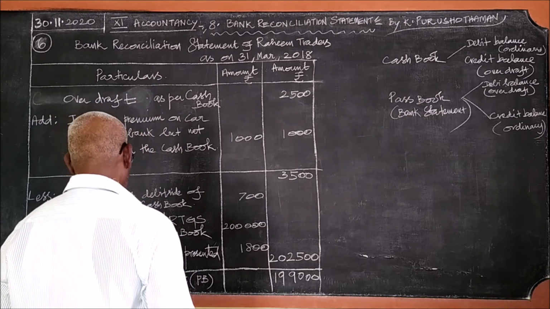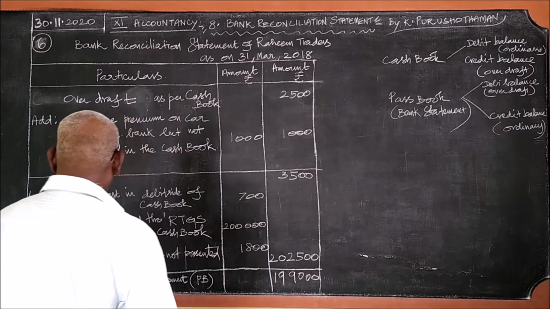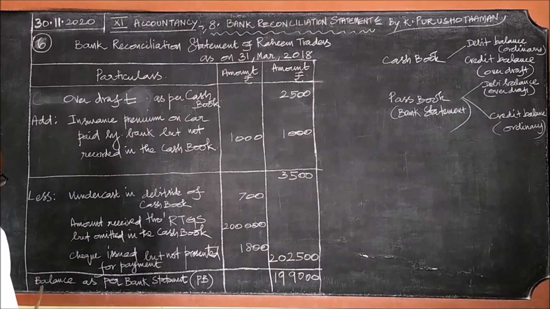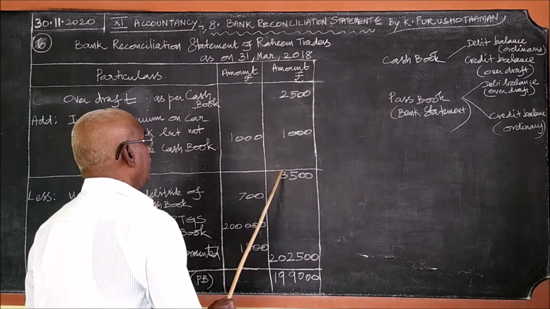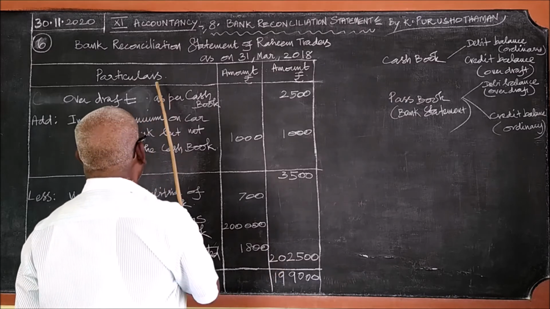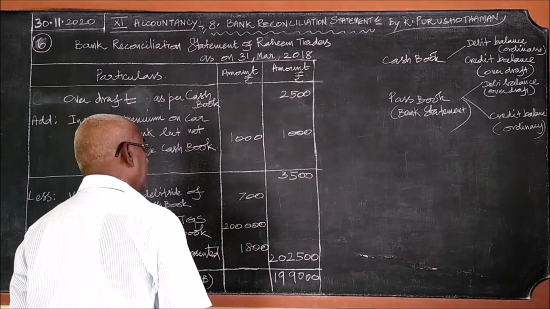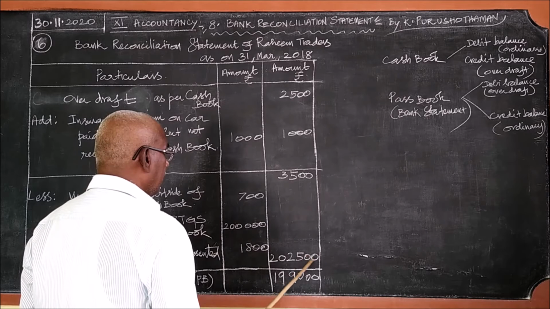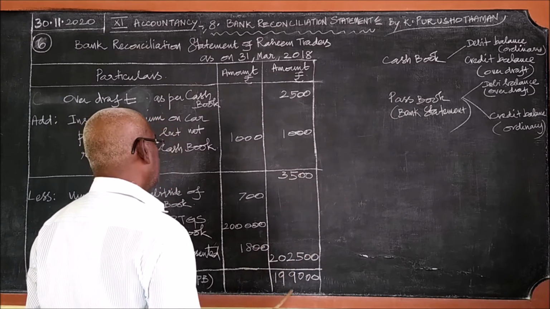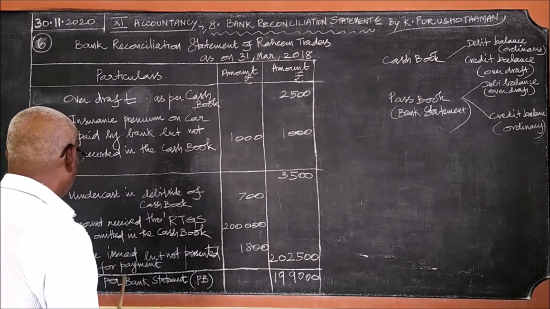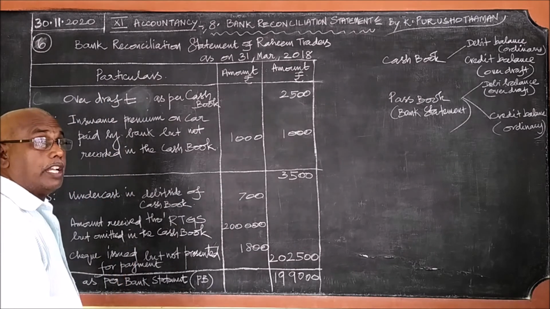This balance will be an ordinary balance. That is why I did not mention overdraft balance as per bank statement here. In the previous sum I wrote overdraft, because there we minus this from this, so the same overdraft continued. But here I cannot write overdraft; this becomes ordinary balance.